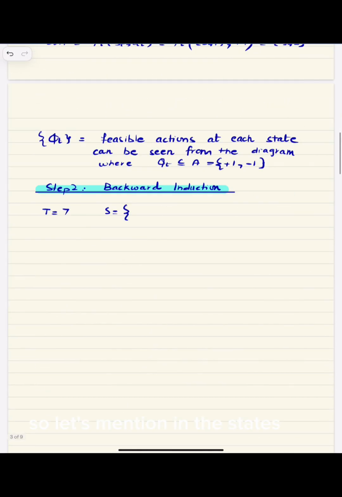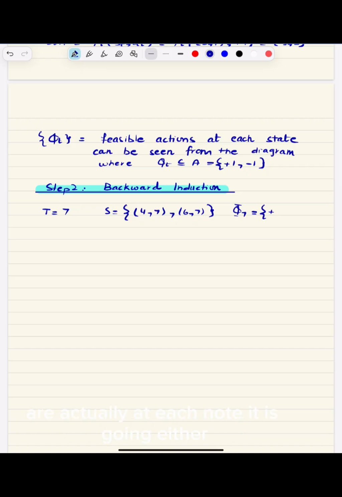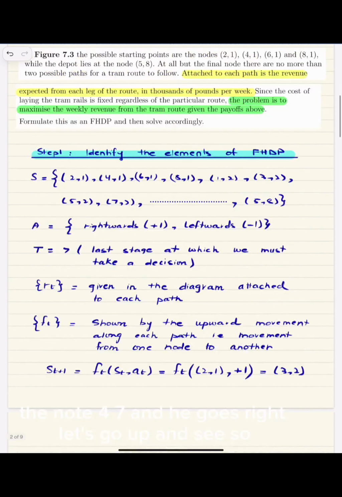Let's mention the states that are available to him: 4, 7 and 6, 7. And the set of actions available at this time are, at each node, going either right or left. Okay, so what is the reward if he is at the node 4, 7 and he goes right? Let's go up and see.